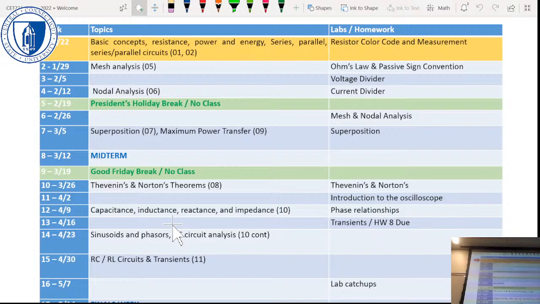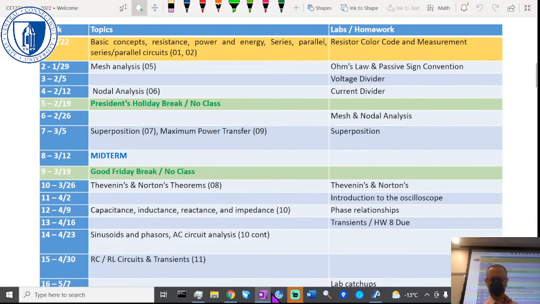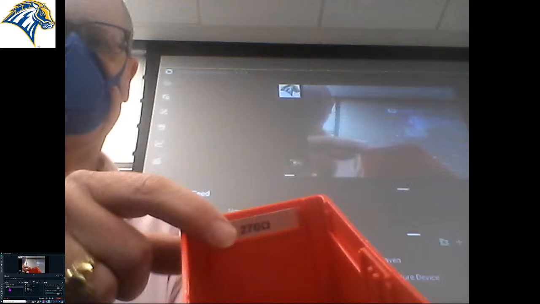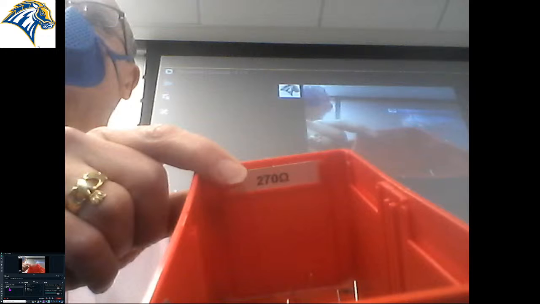There are several of these little boxes, and you should be able to see that each box has a label with the value of the resistor, or the values of the resistors that should be in there, okay?